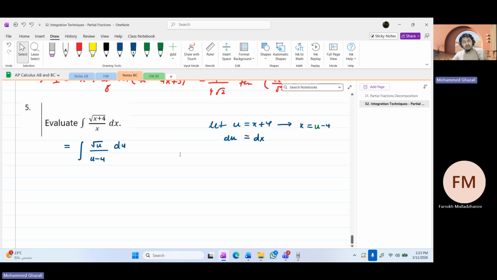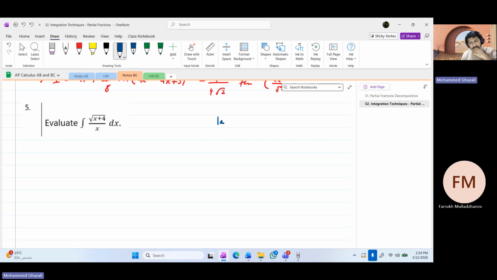So this u substitution is not helping us. So we'll take this out. Let's say let u equal to the square root of x plus 4, right?